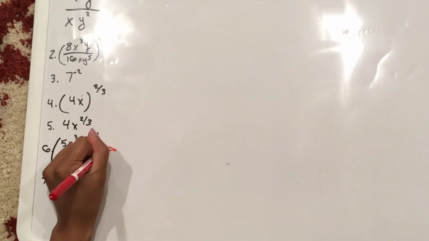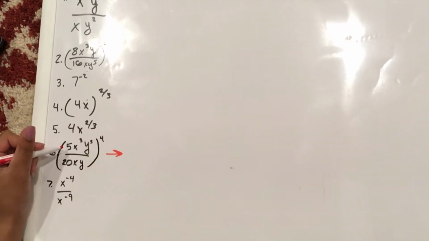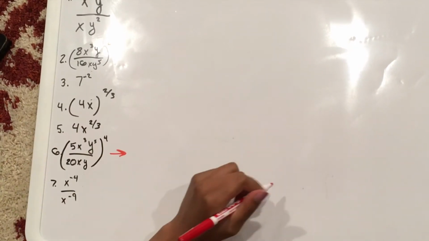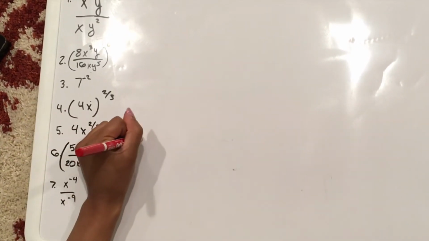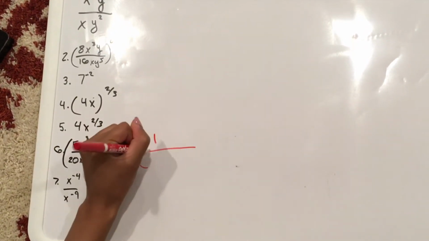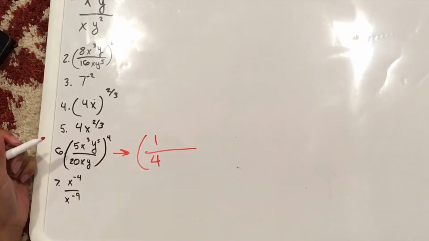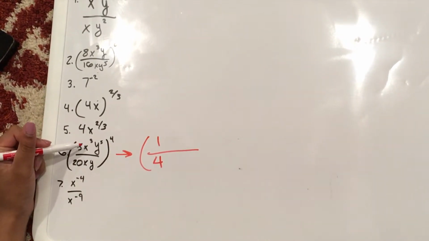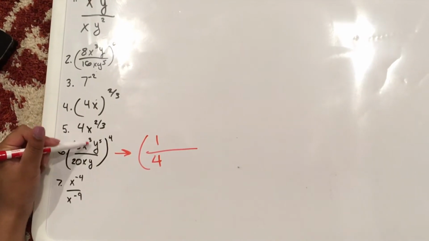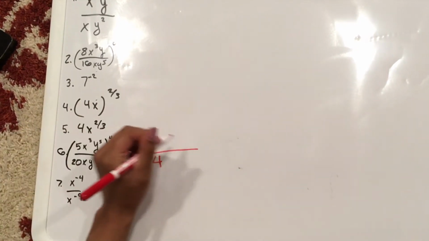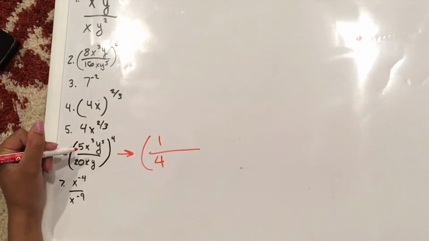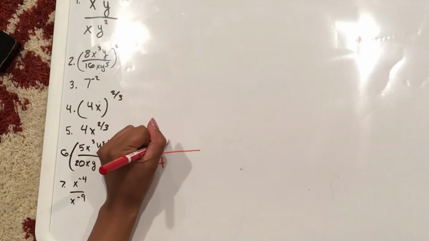Looking at problem 6, I'm going to start by simplifying the inside expression. So 5 over 20 is equal to 1/4. And then using the quotient rule, we can take x to the third over x and subtract the exponents, leaving x squared.